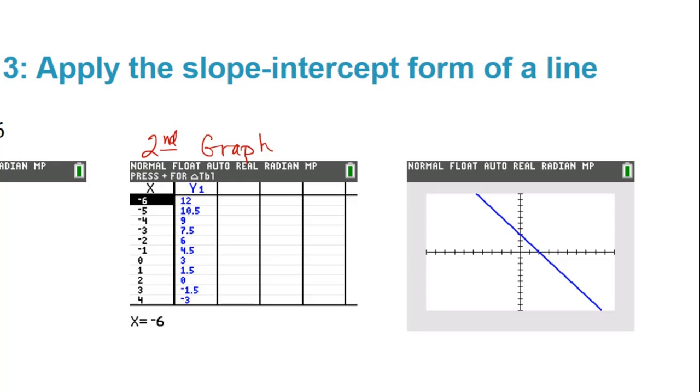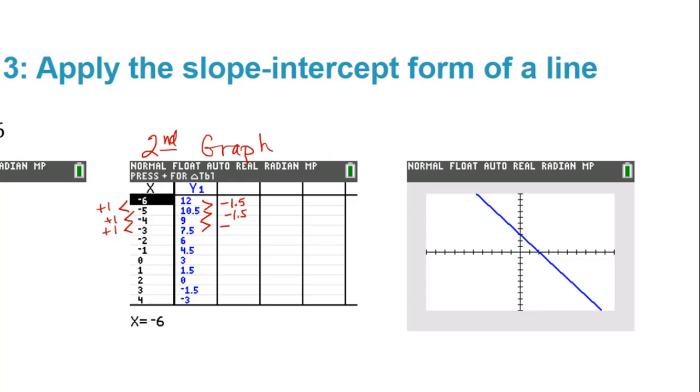And so whenever I do this, as I go from -6 to -5, I've increased my x value by 1. And from 12 to 10.5, I've decreased by 1.5. From -5 to -4, that's an increase of 1. From 10.5 to 9, it's a decrease of 1.5. -4 to -3, increase of 1.